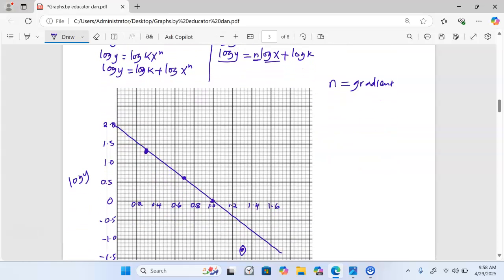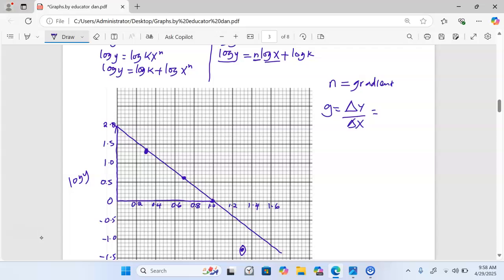Remember, we can pick the point where we have this triangle like this. Then we join it this way, such that we are going to have the change in y. So the gradient is going to be equal to the change in y over the change in x.